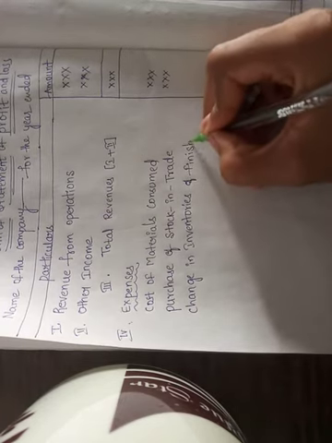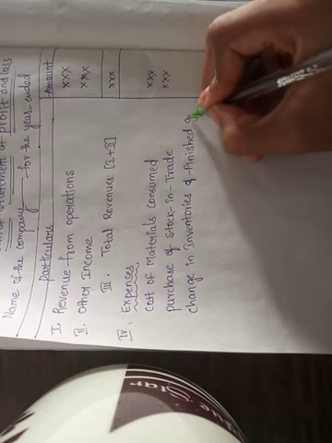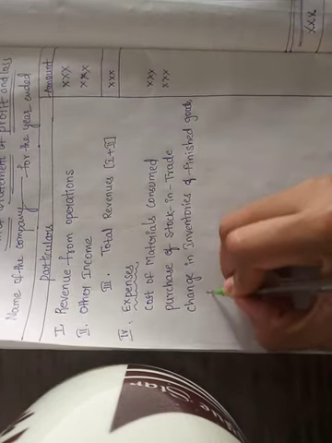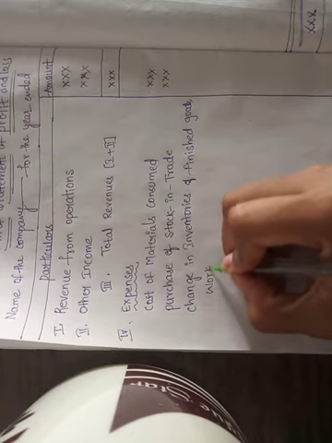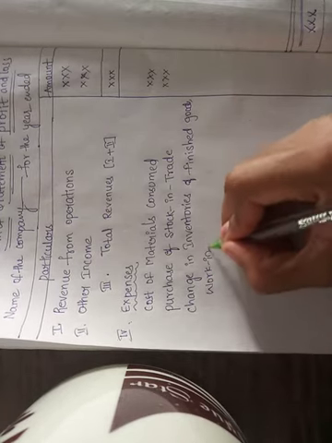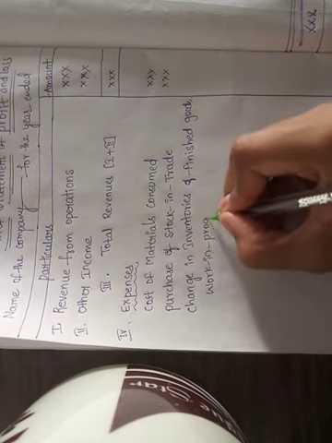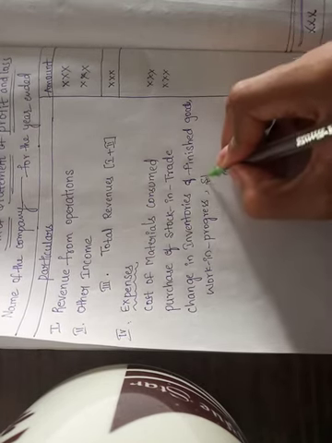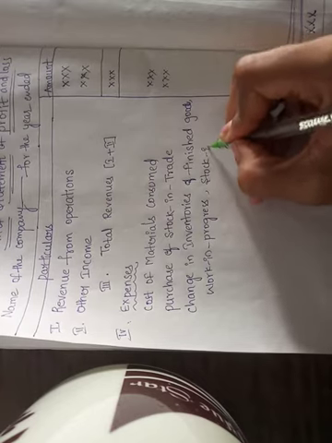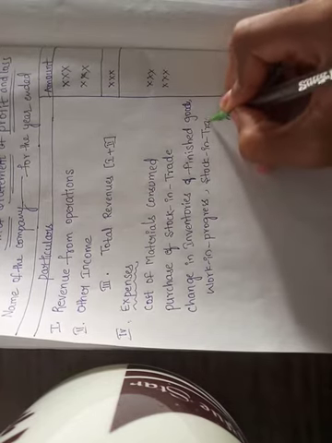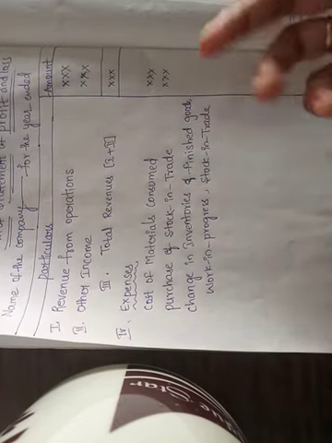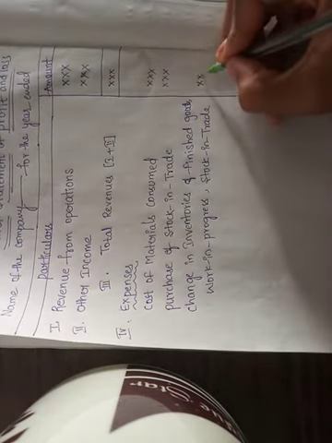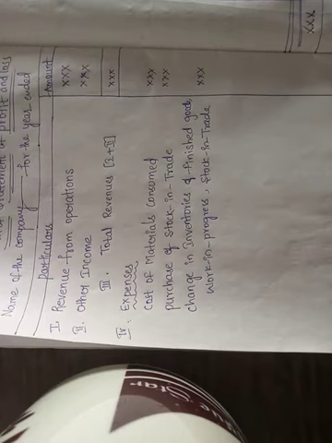In the problem it will be given directly: finished goods, work in progress, stock in trade. Whichever is given, you have to write it under these expenses and add some amount.